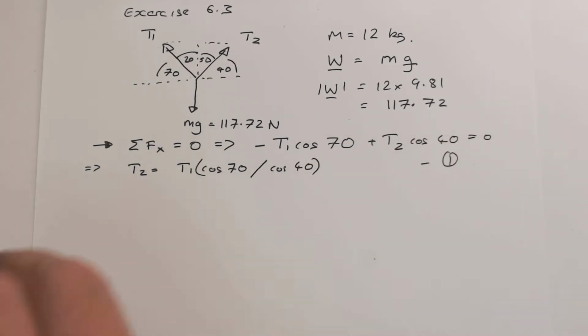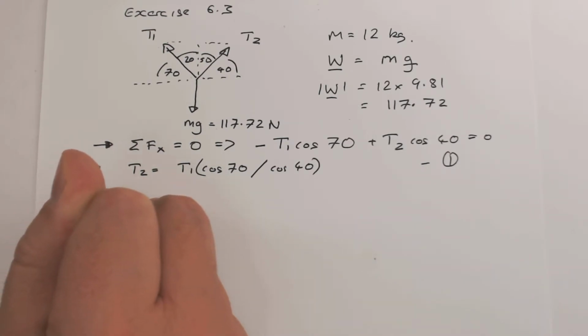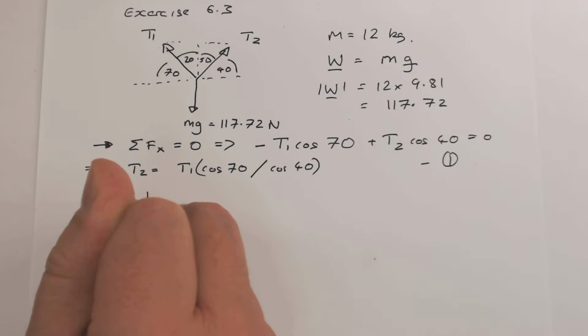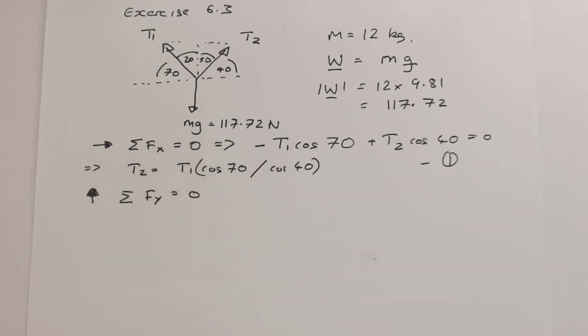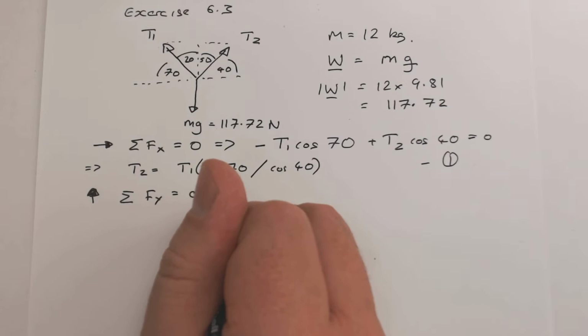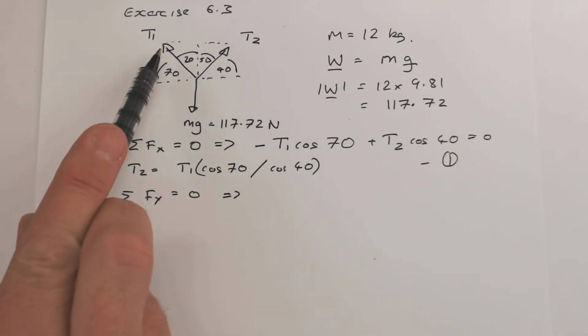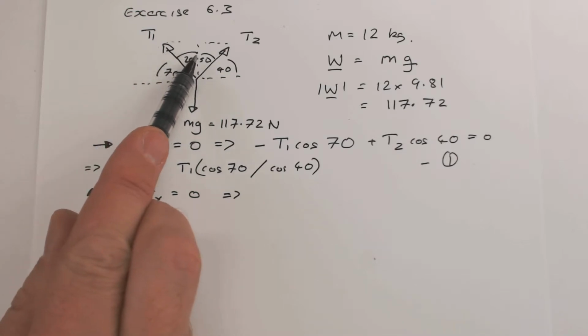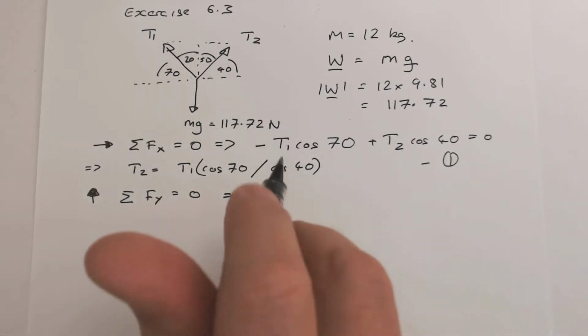Okay, now let's resolve forces in the y direction. I wouldn't write your solutions out so cramped as I am. So we've got adding up the forces in the y, and when we add them up, they are going to equal 0. Things not moving. So what have we got this time? If this is positive, now we can see that to swing through to the positive vertical direction, we need to swing through 20 degrees.